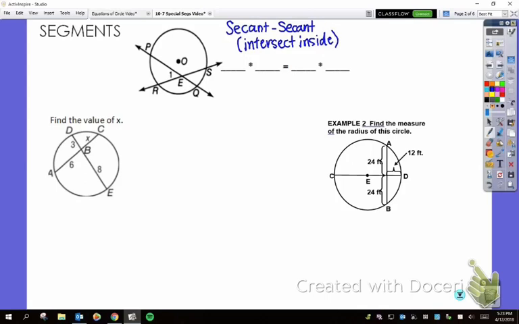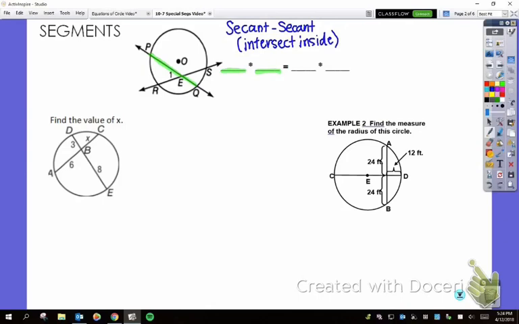So in our equation, we have something times something equals something times something on the other side. We're going to have the green part times the green part. Those first two have to come from the same line. The part we're talking about goes from the point on the circle to the intersection, so PE times the other part of that line, which would be EQ.